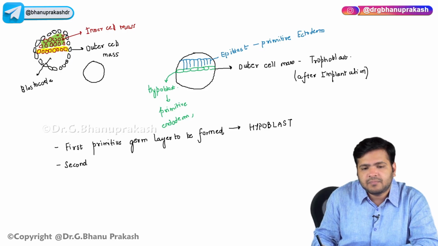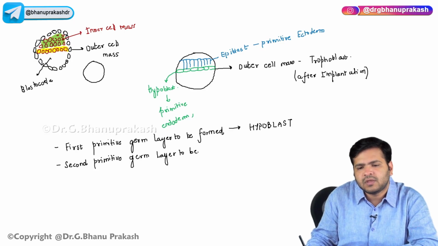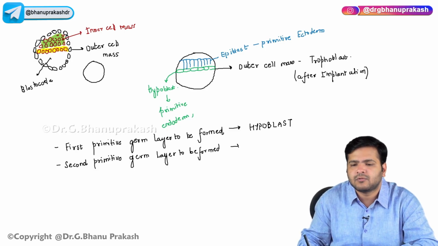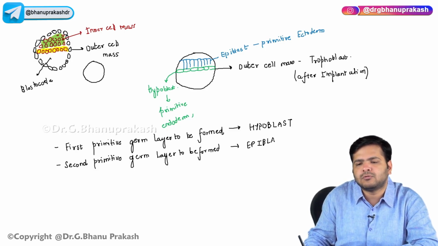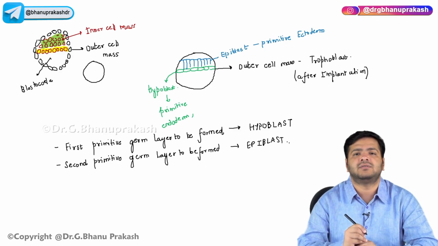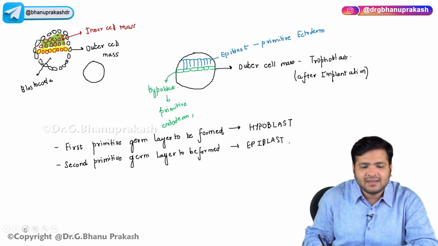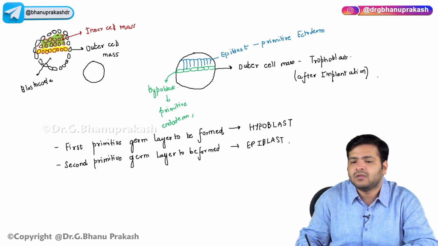The second primitive germ layer to be formed is the epiblast, or primitive ectoderm.